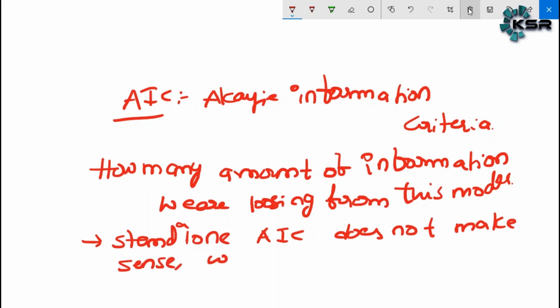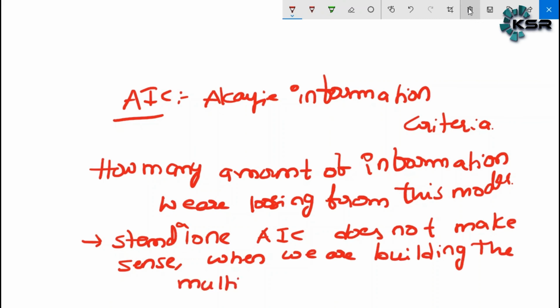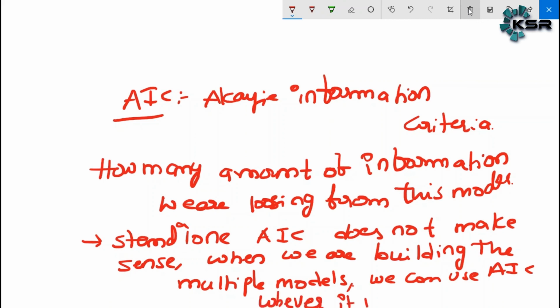When we are building multiple models, we can use the AIC values, and wherever it is less, that model is better.